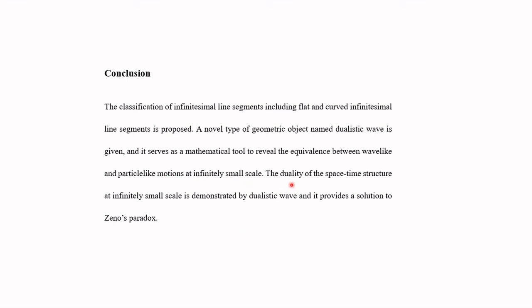And the duality of the space-time structure at infinitely small scale is demonstrated by dualistic wave, and it provides a solution to Zeno's paradox. Thank you.